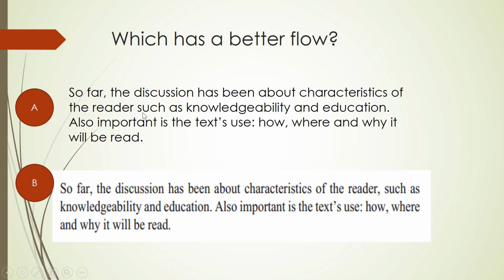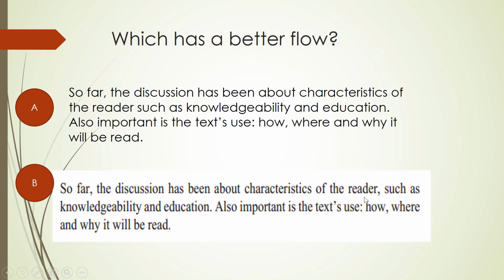If no comma here is used, then the next sentence should be discussions on knowledgeability and another on education. Okay. However, here I see just another sentence with another theme or topic, the use of the text.